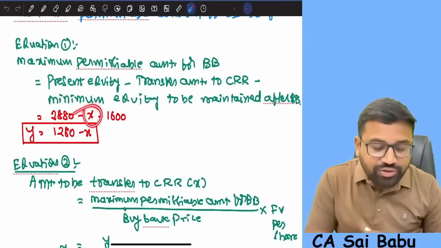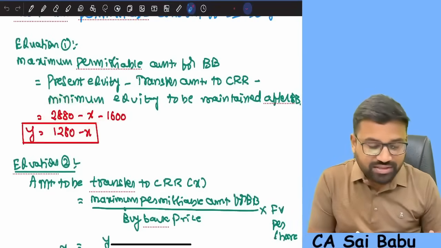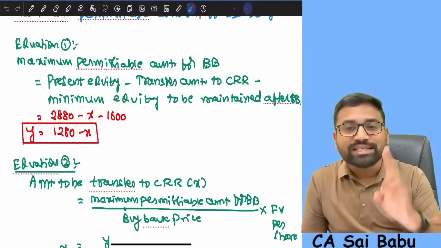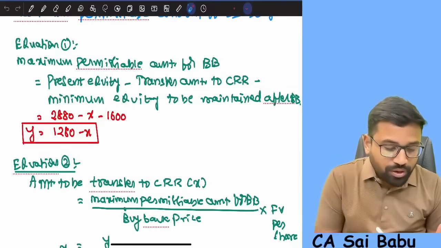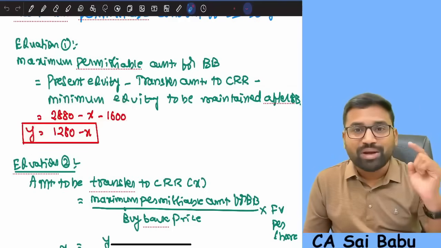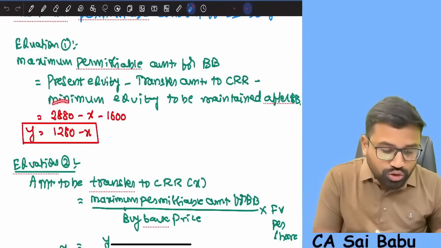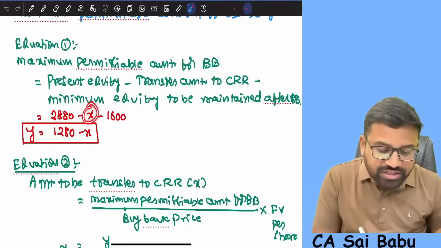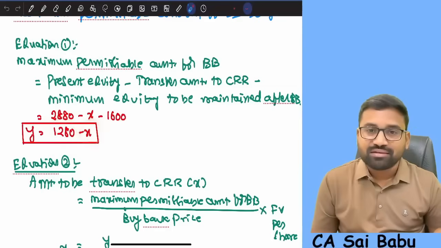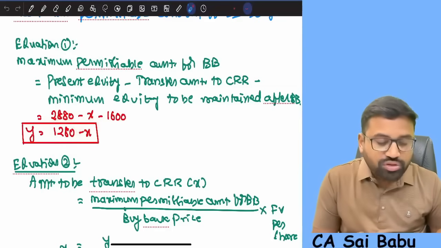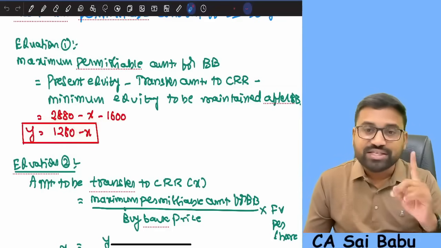From that, first I need to transfer the amount to CRR, minus X, and I need to maintain equity of 1,600 after buyback. Therefore the maximum permissible amount for buyback, which is Y, is equal to 2,880 minus X minus 1,600. That means 1,280 minus X. That means Y is equal to 1,280 minus X. This is equation number 1.